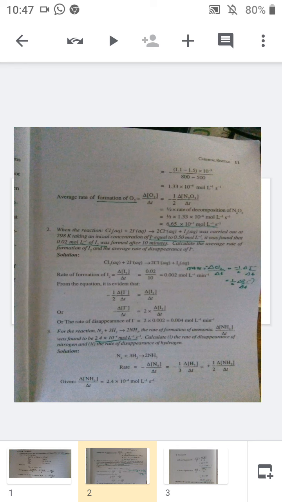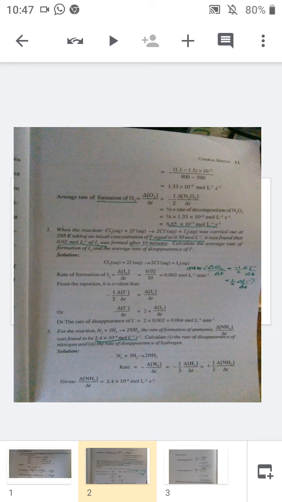First of all, we should write the equation which is given in the question, that is Cl2 aqueous plus 2I minus aqueous gives 2Cl minus aqueous plus I2, that is in aqueous condition. Now our question is to calculate the rate of formation of I2.